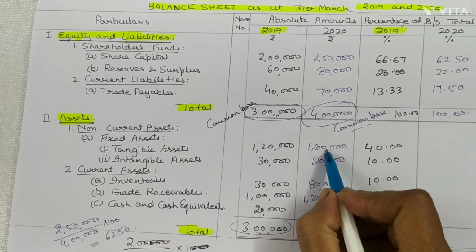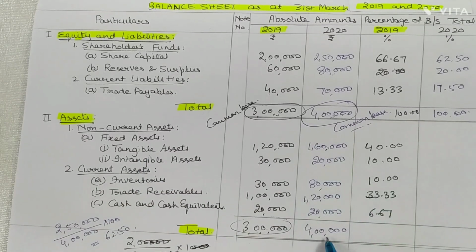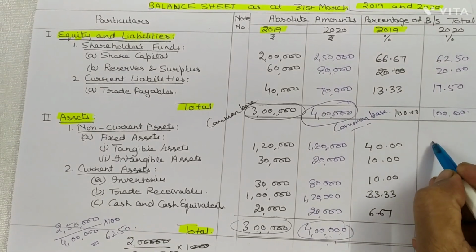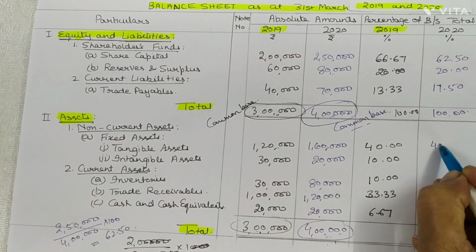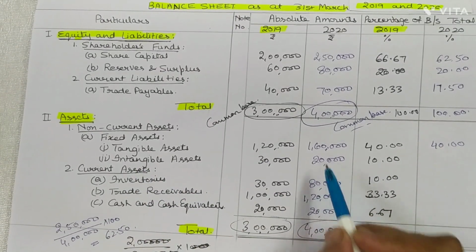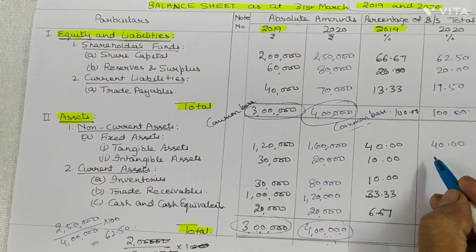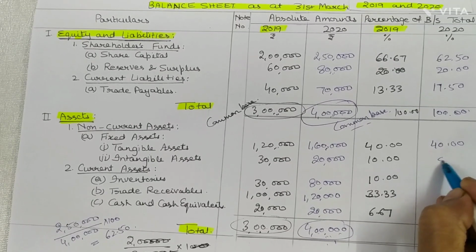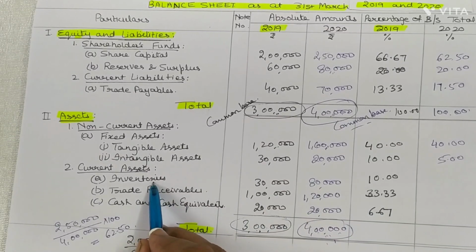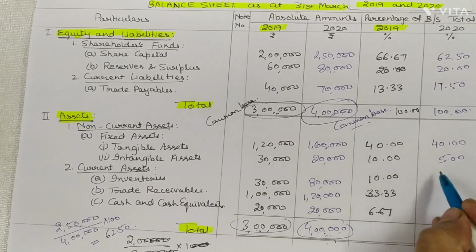Next is 1,60,000. This is fixed tangible assets divided by 4 lakh, total of balance sheet is common base, into 100 is equal to 40%. Next, intangible assets are 20,000 divided by 4 lakh into 100 is equal to 5. Next is inventories. 80,000 divided by 4 lakh into 100 is equal to 20%.